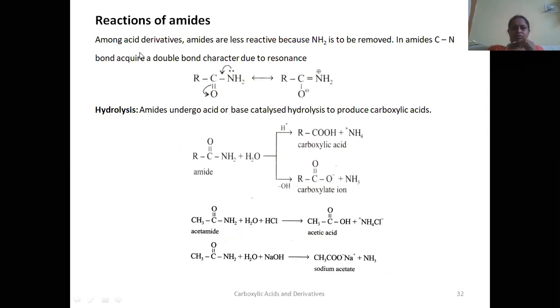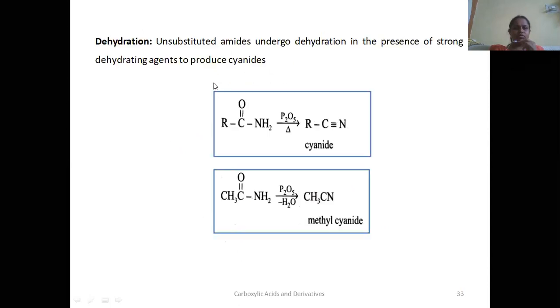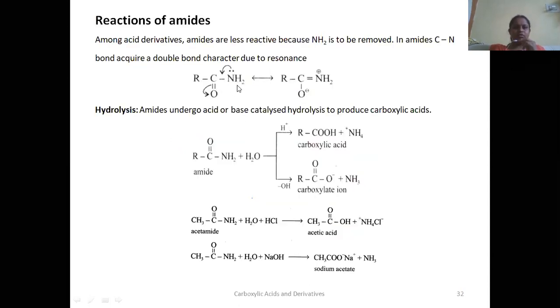Amides are the least reactive among all the carboxylic acid derivatives. Why? Because the lone pair of electrons present on the nitrogen is involved in resonance with this C double bond O group.